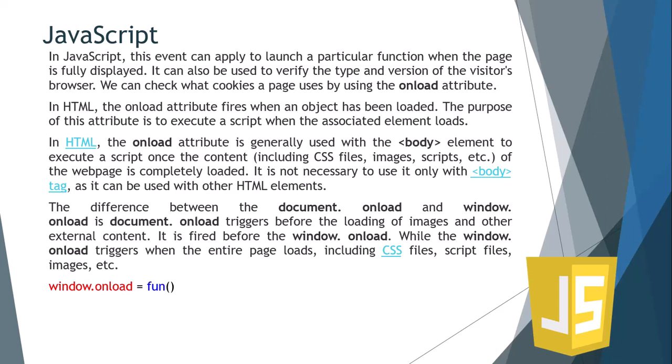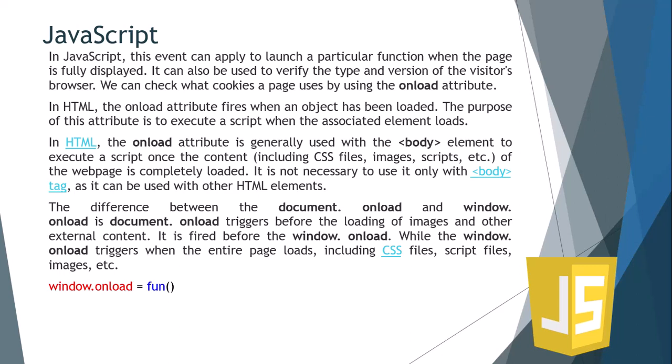In HTML, the onload attribute fires when an object has been loaded. The purpose of this attribute is to execute a script when the associated element loads. It is generally used with the body element to execute a script once the content of the web page is completely loaded. It is not necessary to use it only with body tags, as it can be used with other HTML elements.